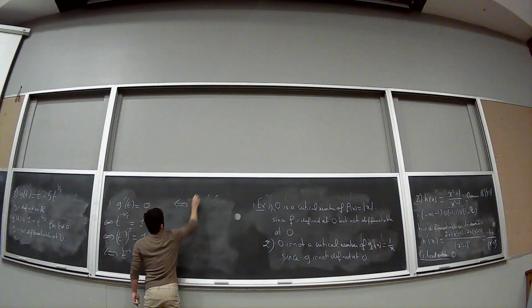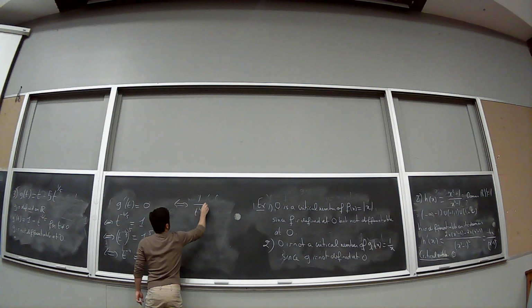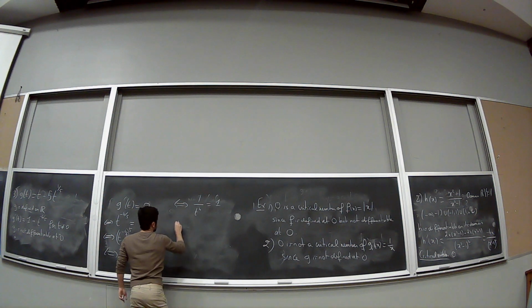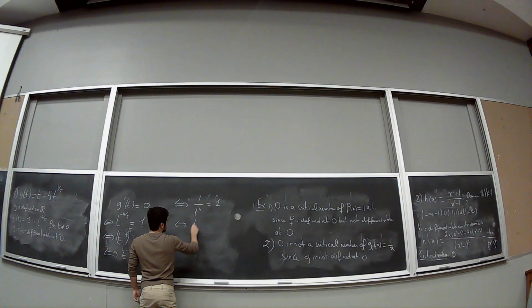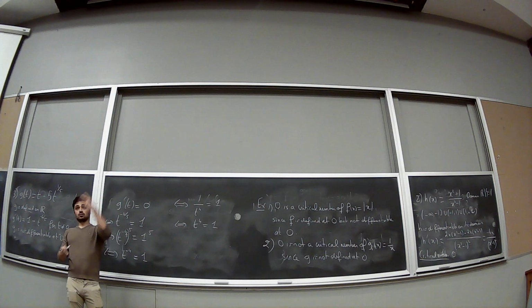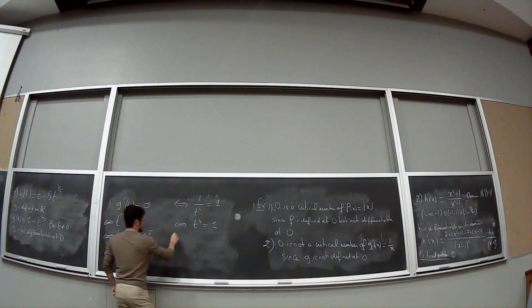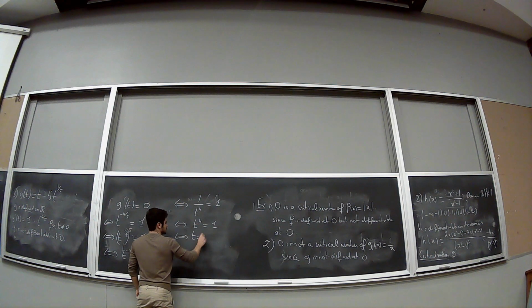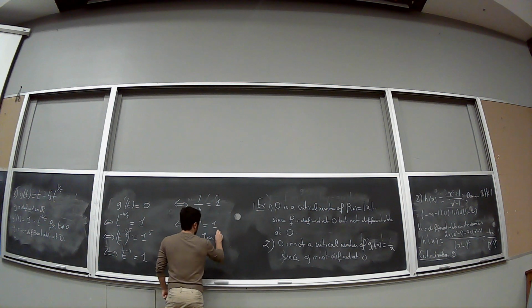Let's rewrite this as 1 over t to the 4 is equal to 1. This is equivalent to t to the 4 is equal to 1. And how many solutions do you have for this? 2 solutions. What are they? 1 and minus 1, which is equivalent to t is equal to 1 or t is equal to minus 1.